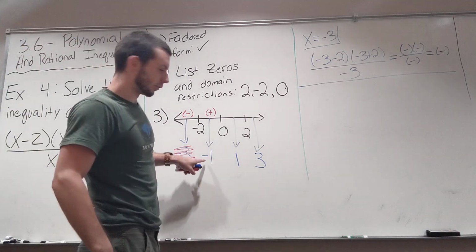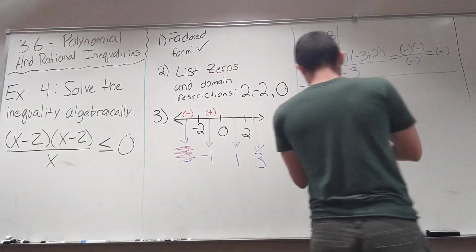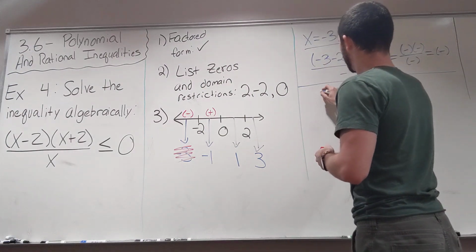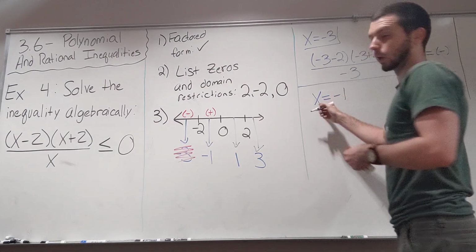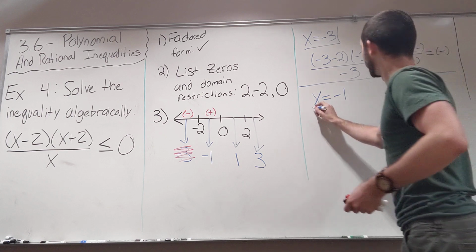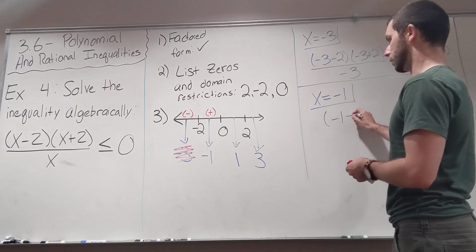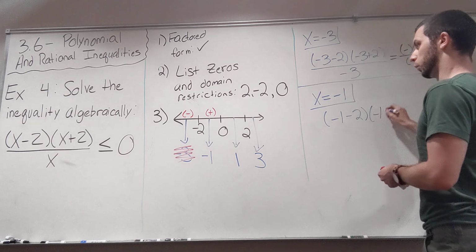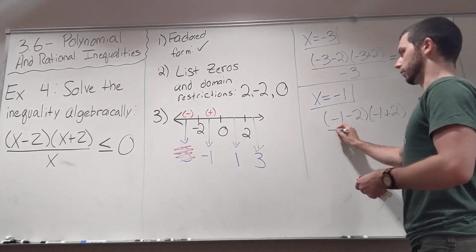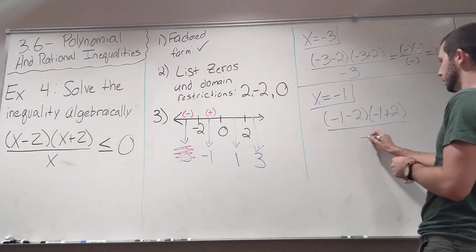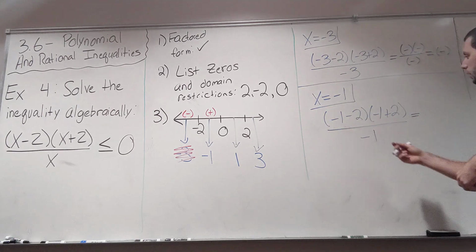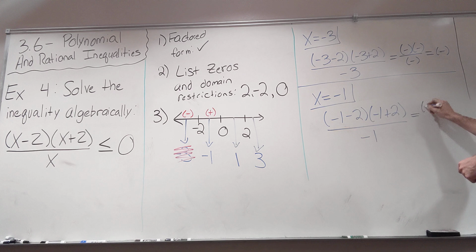Okay, so for x is equal to -1, we go ahead and plug in -1 into every x. So -1 minus 2, -1 plus 2, divided by -1. And so what we get is a negative, a positive, divided by a negative, which is a positive number.